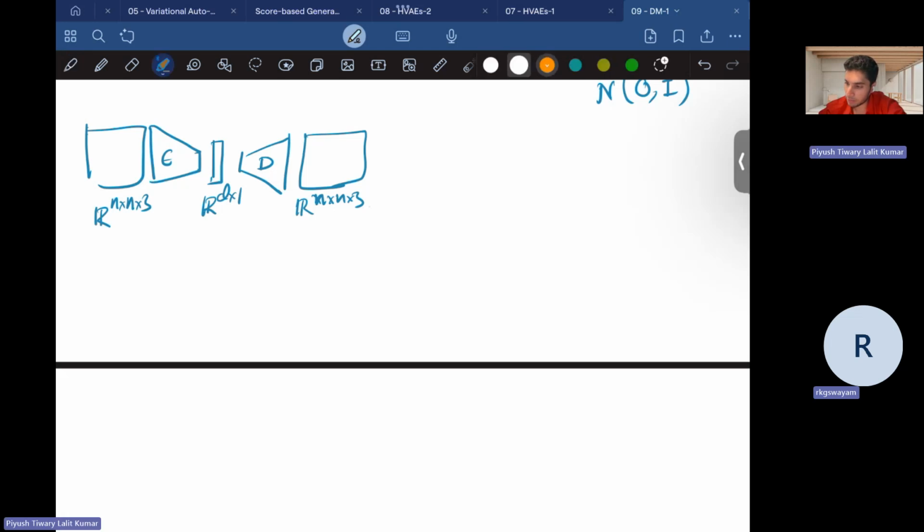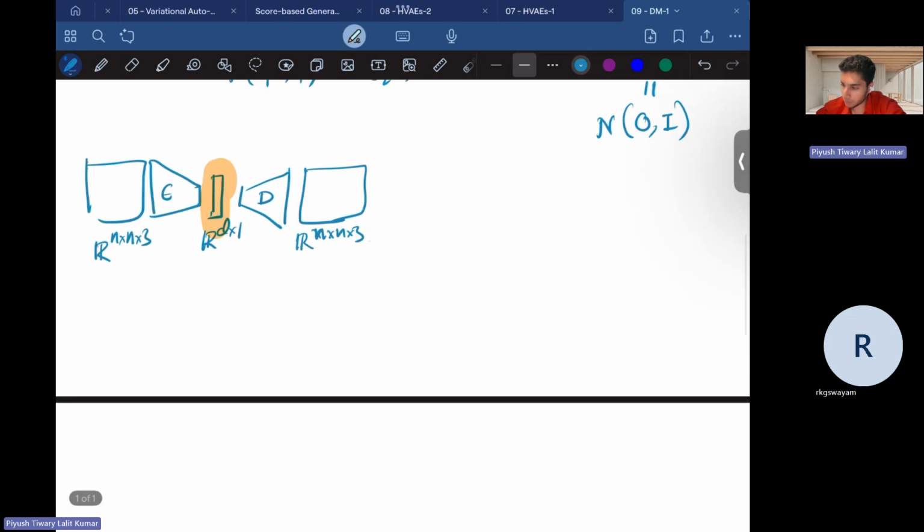In VAEs, this is what we called the latent vector. The dimension of the latent vector is R D cross 1, whereas the data is n cross n cross 3, isn't it? If I want to show you in terms of PGMs, you have X and you have Z. This is your encoder, this is your decoder.